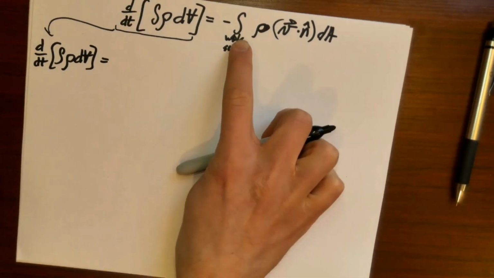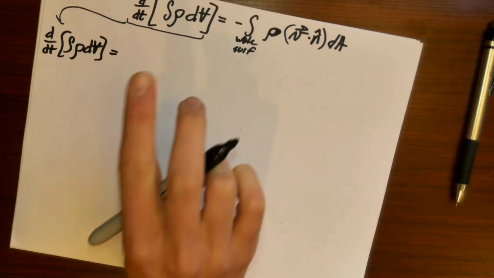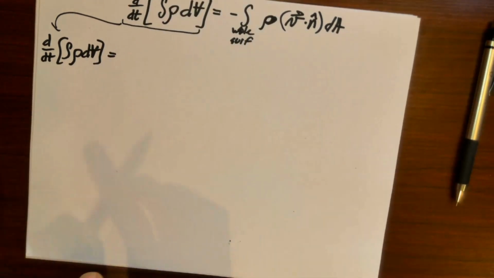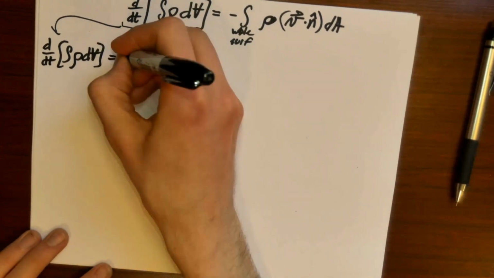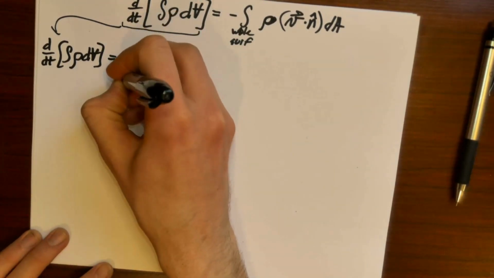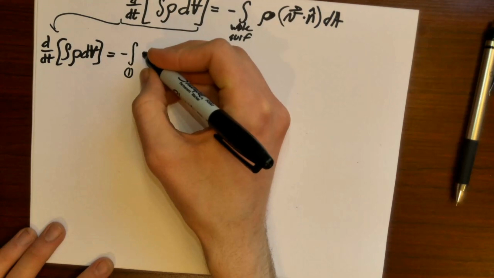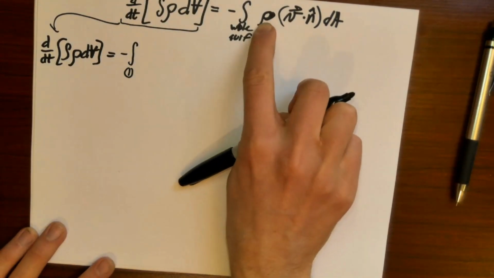And we said, hey, we're going to break up this integral into four separate parts. So when I do this integral, I'm just going to do an integral over surface 1 of rho times v dot n. And hey, wait a second.